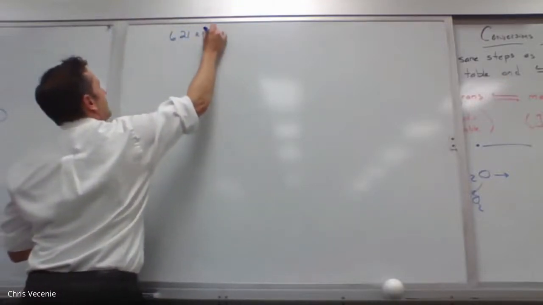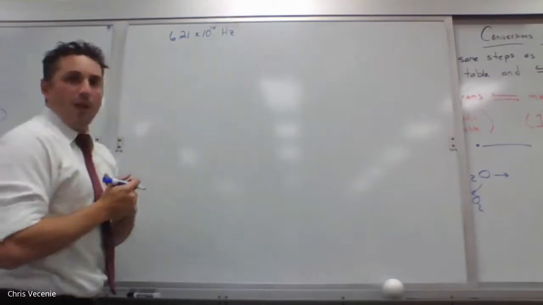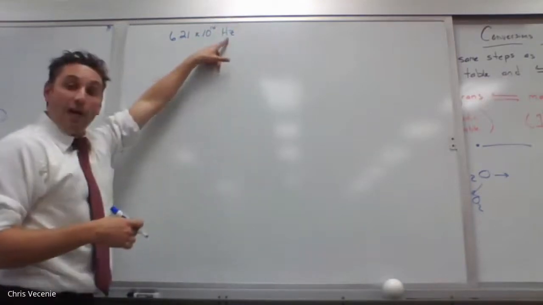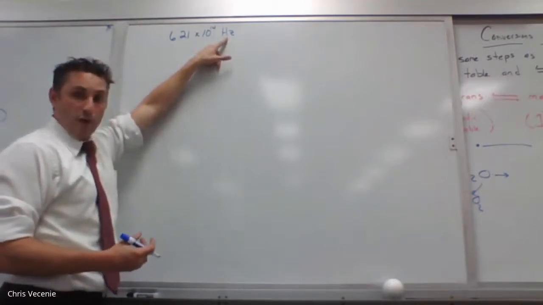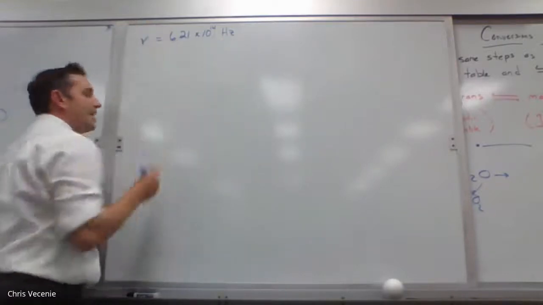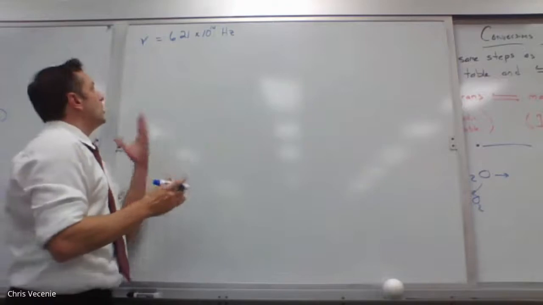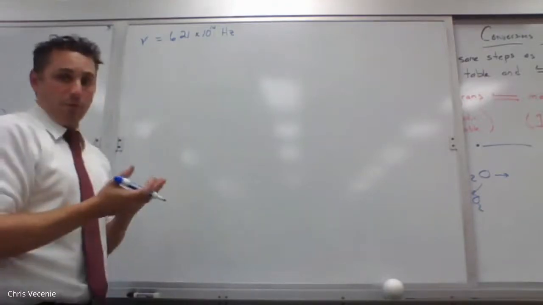The label tells me what its abbreviation letter should be. Hertz measures frequency. Frequency is the letter V. That's why I'm going to say V equals 6.21 times 10 to the 14th hertz. I'm all out of numbers.